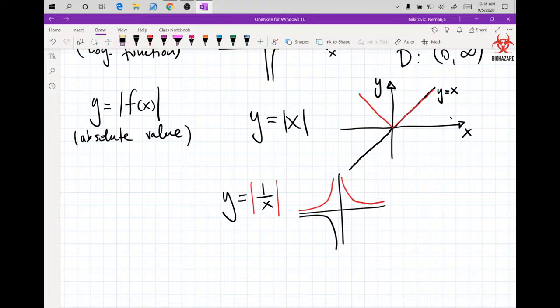I hope this makes sense. So when you have the absolute value of any function, whatever is under the x-axis will, like in a mirror, just jump up, reflect up, and that's it.